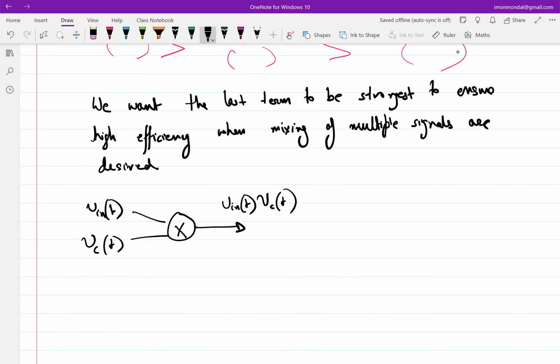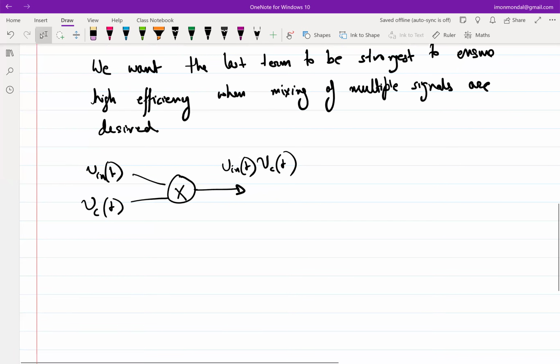This operation, this mathematical multiplication, when we translate to RF language, is called the mixing operation.